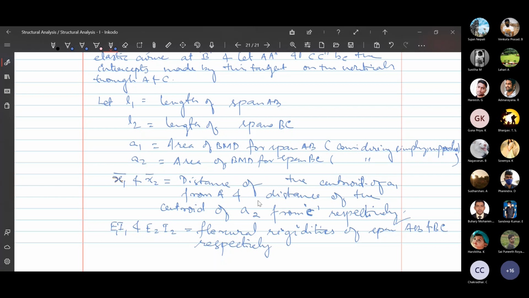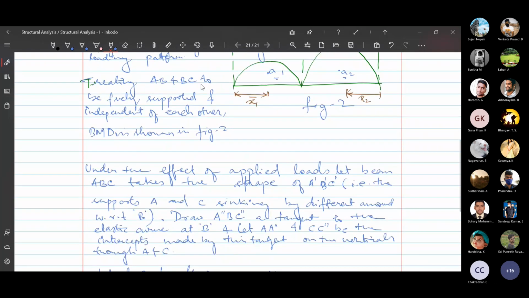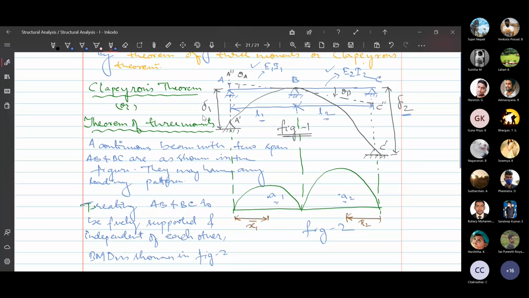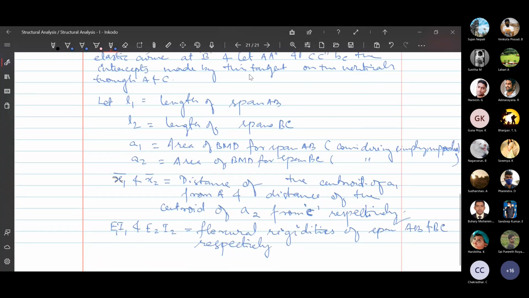Now, what else have we been given in the details? We have delta 1 and delta 2. What are delta 1 and delta 2?